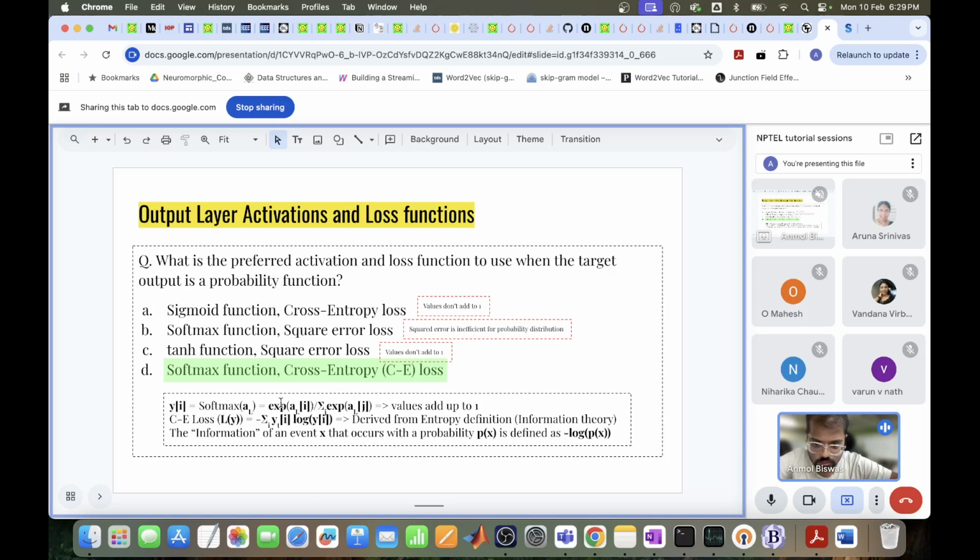Softmax of a^L_i is basically nothing but e to the power a^L_i divided by the sum over e to the power a^L_j, right? Which basically means you are adding up all of the numerator terms and normalizing them by this value, which gives you a normalized output.